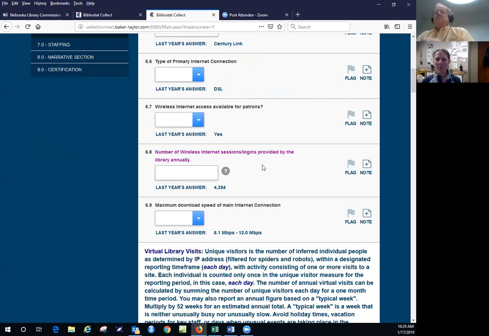Like with library visits, you can get a pretty good sample by observing people that come through the door. With wireless internet sessions, it's really difficult to tell because people that walk through your door sometimes might have a laptop and you're assuming that they're using that laptop to access your internet. But sometimes they might not be. They might be using a tablet computer.